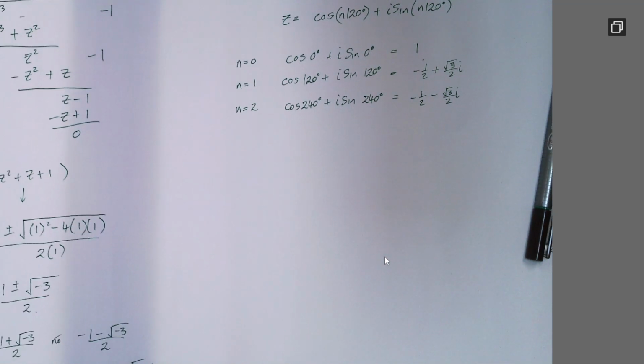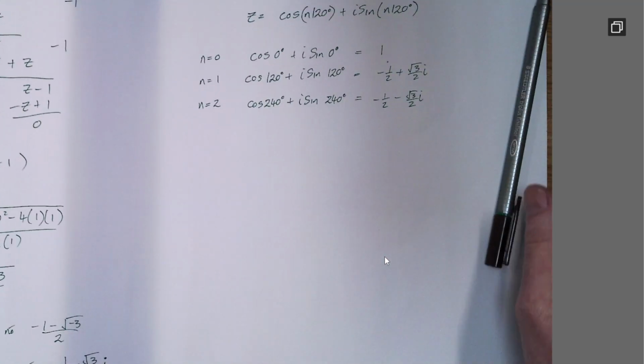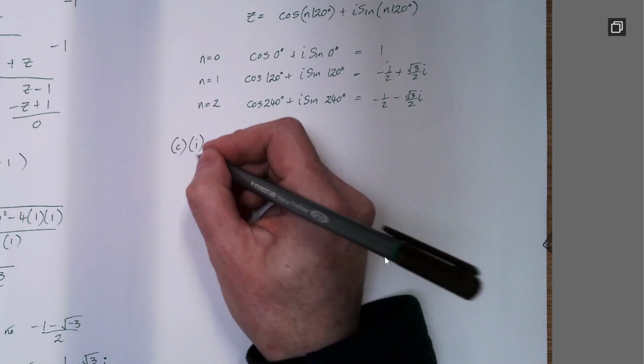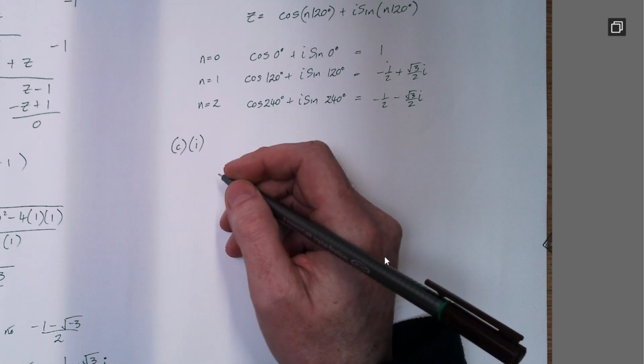These values are called cubic roots of unity and are written as 1, omega and omega squared.